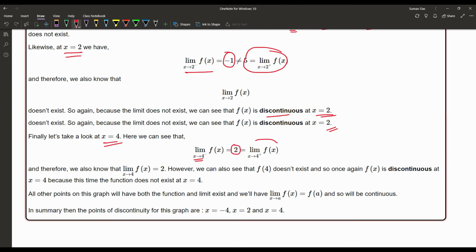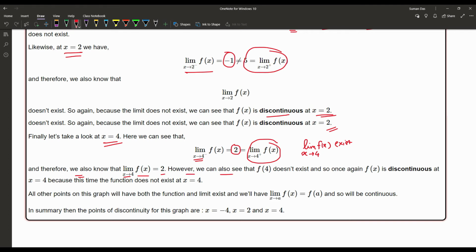So the limit as x approaches 4 from the left is 2, and the same for the right hand limit. So we can say the limit as x approaches 4 exists, and it is equal to 2.